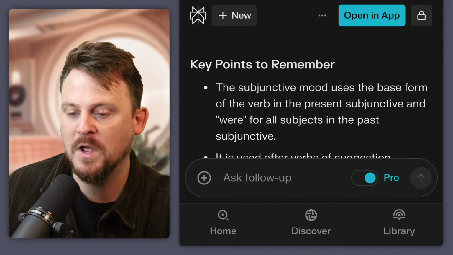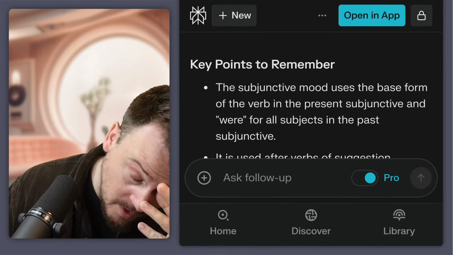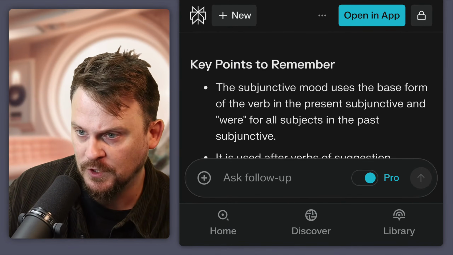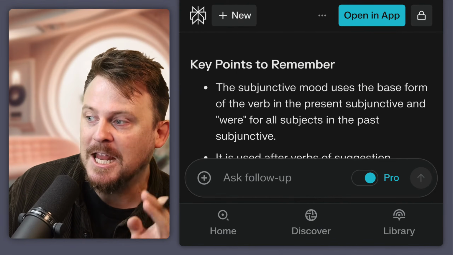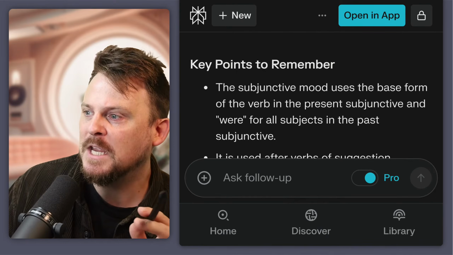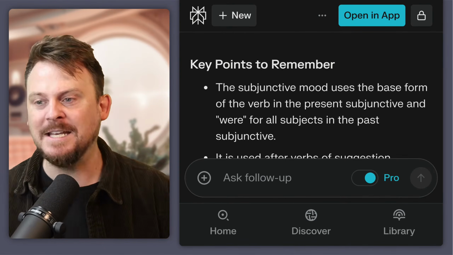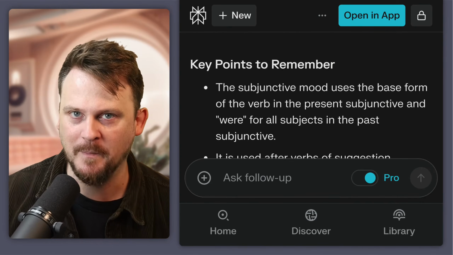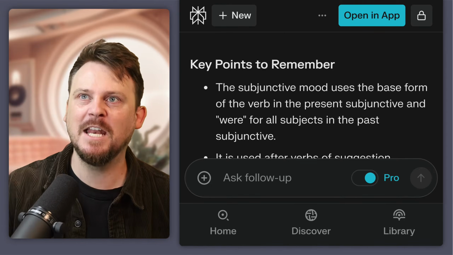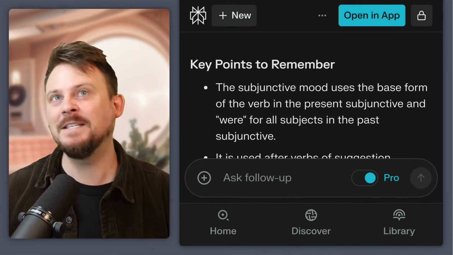He will be on time. That's a good question. So Lutine says, why not he will be on time? Well, because that would be stating something that's true about the future. I suggest that he be on time is referencing the future, but it's referencing what I think should happen, ideally, and it's not what's going to happen, right? If I say, well, he will be there tomorrow, that's just me saying the future.